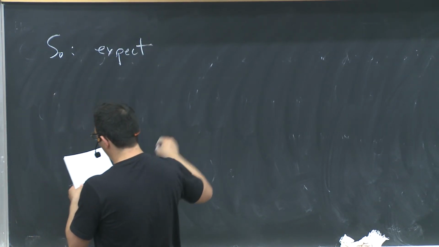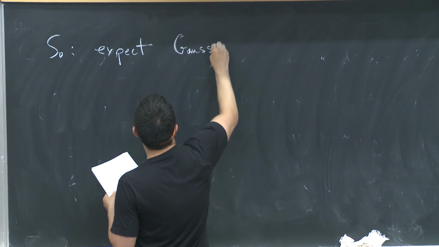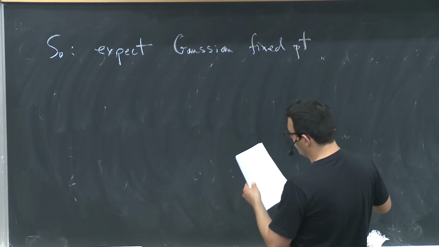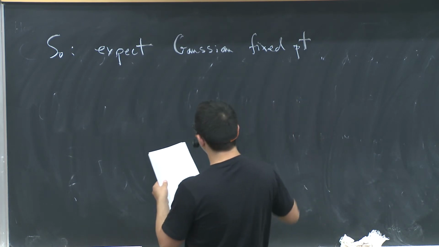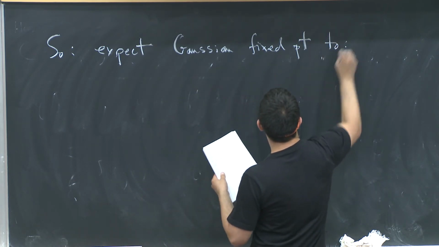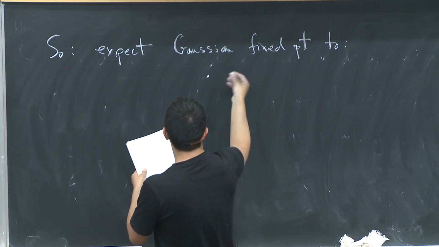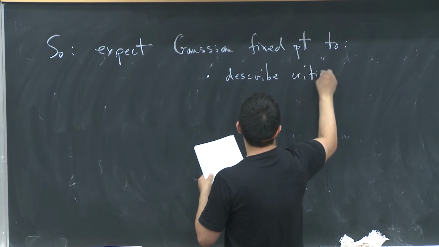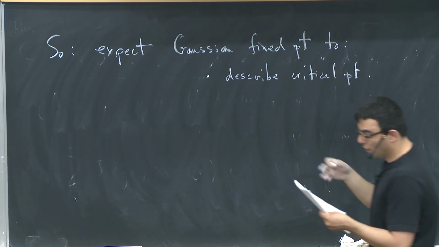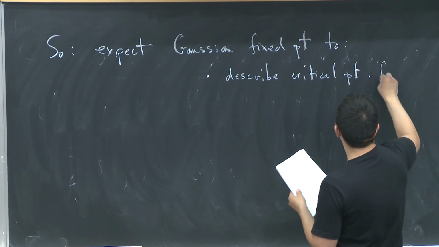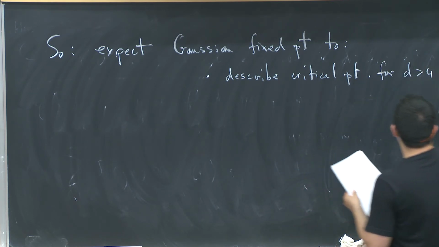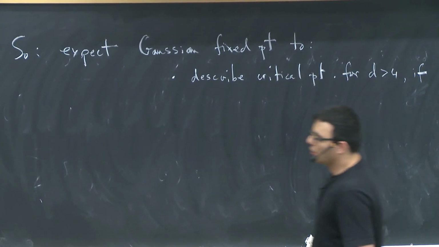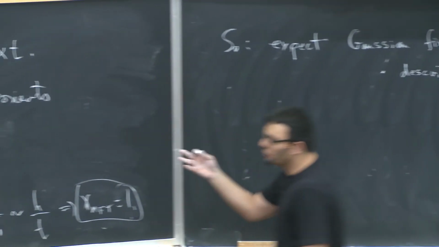So we expect this Gaussian fixed point to maybe describe the critical point of these uniaxial magnets for d bigger than 4, provided that it gives a more dominant contribution than the mean field theory.